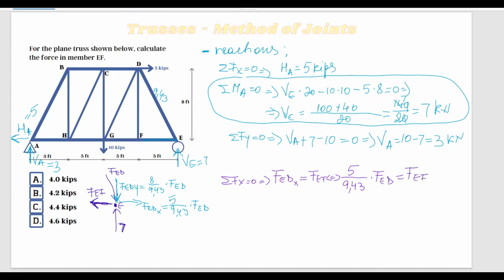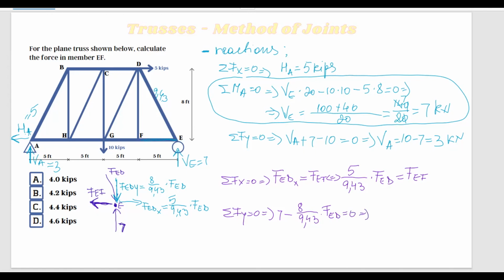And now we have to go to the sum of forces in the Y direction. Sum of forces in the Y direction equals 0. And I will get 7 going upwards, positive, minus the Y component of force FED. And the Y component is 8 divided by 9.43 multiplied by FED equals 0.